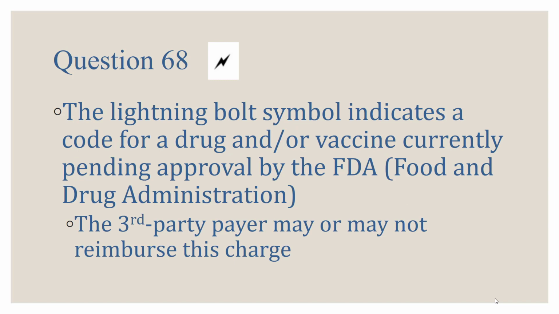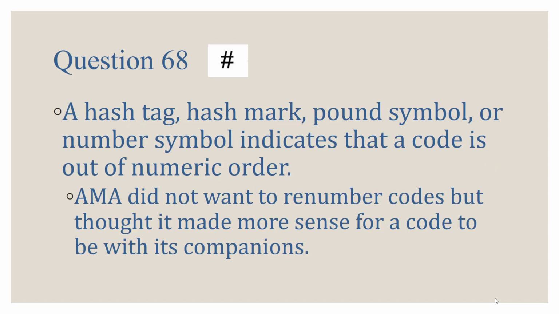The lightning bolt symbol indicates a code for a drug or vaccine currently pending approval by the Food and Drug Administration, the FDA. And the third-party payer may or may not reimburse this charge. A hashtag, hash mark, pound symbol, or number symbol indicates that a code is out of numeric order.